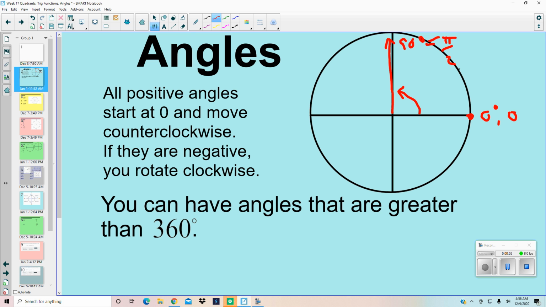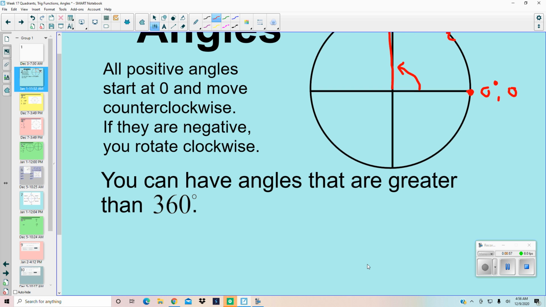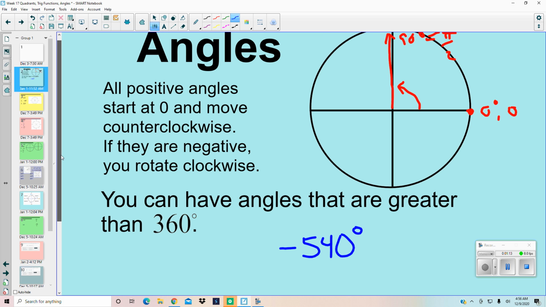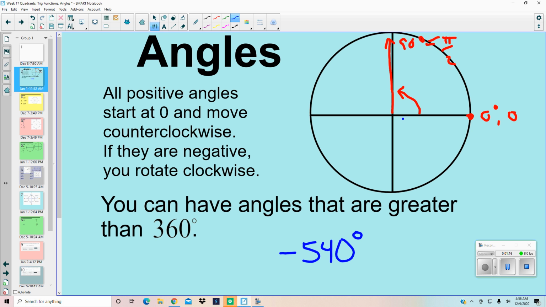If I rotate an angle in a negative direction, say negative 540 degrees, it means that I would have to rotate clockwise from 0. So I start at 0 and I rotate around.